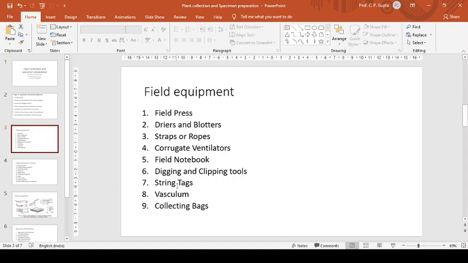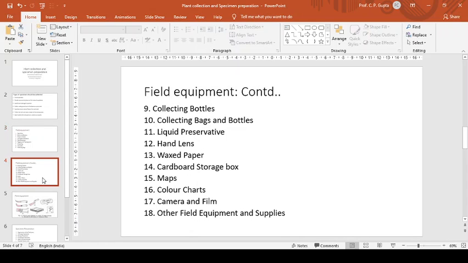Collecting bags. These are plastic bags used as containers for fresh specimens. Collecting bottles. These are glass or plastic bottles with leak-proof screw caps. These are used for collecting small-sized material to be preserved in liquid preservative.